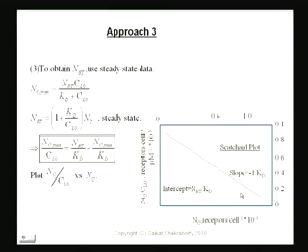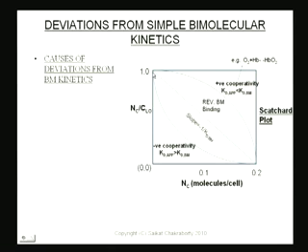The line in the middle corresponds to bimolecular kinetics. The curved line below and the line above correspond to deviations from bimolecular kinetics. So it doesn't have to be necessarily bimolecular.